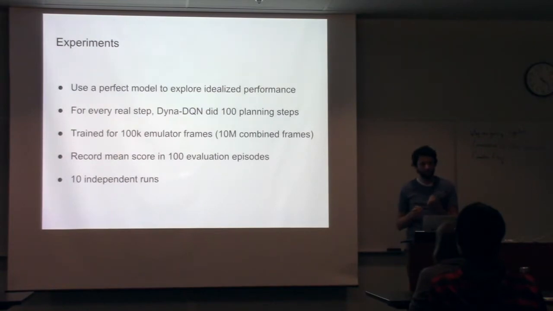So we trained for 100,000 emulator frames, which is equivalent to 10 million combined frames, because Dyna-DQN has 100 times more experience than real frames. And then after training, we record the mean score in 100 evaluation episodes, and we average over 10 runs.